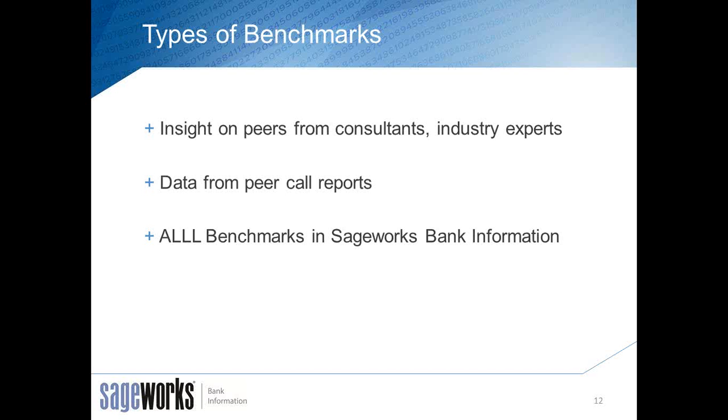There is data from peer call reports, so banks are able to cut and paste together their own calculations and documentation of what their peer banks are doing. And then lastly, and most recently, are the ALLL benchmarks available in Sageworks Bank Information. So the Bank Information platform is a way for Sageworks to give you the ability to get data out of our system that we've collected and aggregated from our subscribers on an anonymous basis.